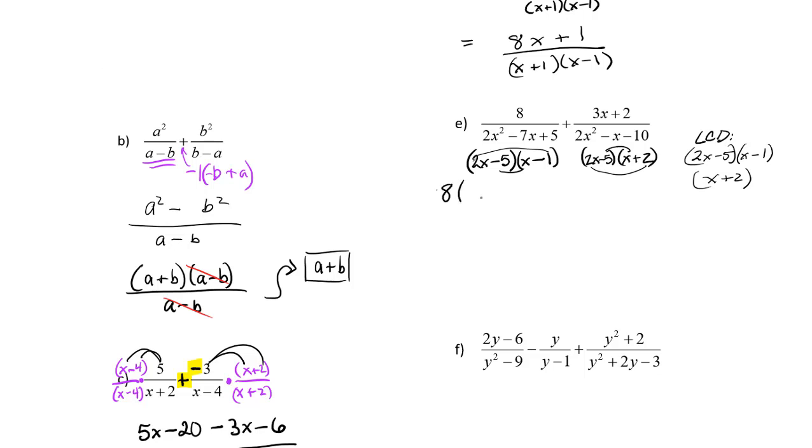This will give me 8 times x plus 2 over 2x minus 5 times x minus 1 times x plus 2, plus, and then the second one needs an x minus 1. So I'll have 3x plus 2 times x minus 1 all over the LCD again.